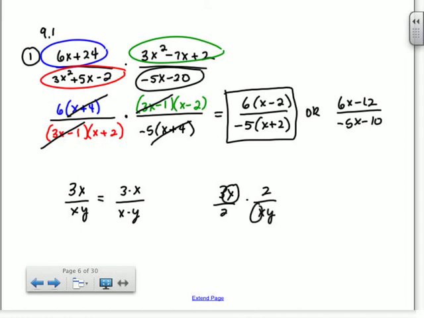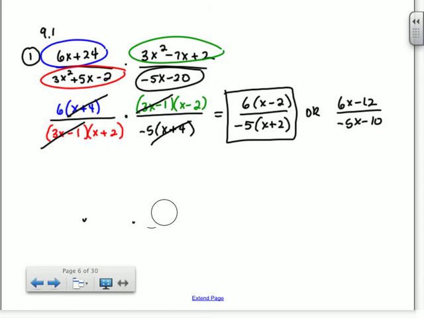Yeah, then the x's will cancel, yeah. Because what you're doing is you're multiplying across the top, so you'd have 6x over 2xy, and now you can see that they cancel, right? Does that make sense? So you're kind of avoiding multiplying it out. You're reducing as much as possible before you multiply out.